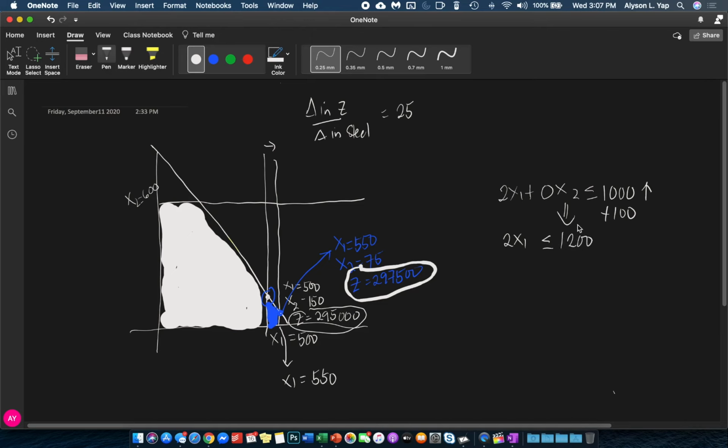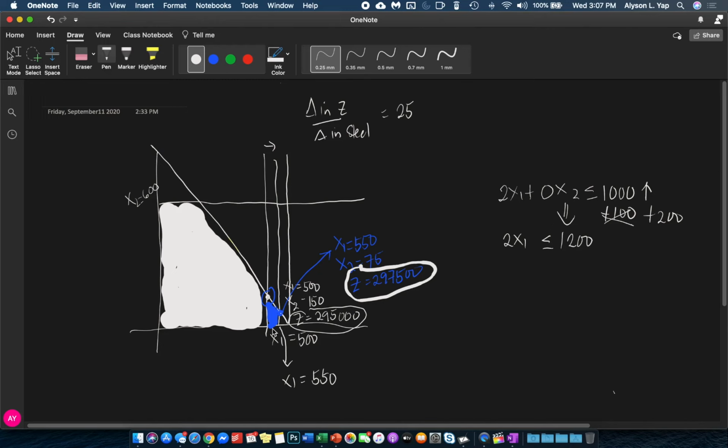Okay? So in this case, we cross this out and we increase by 200. Now, if we increase the right-hand side by 200, what will happen to the graph? This vertical line will move to this line, touching this corner point where this diagonal line touches the x-axis.